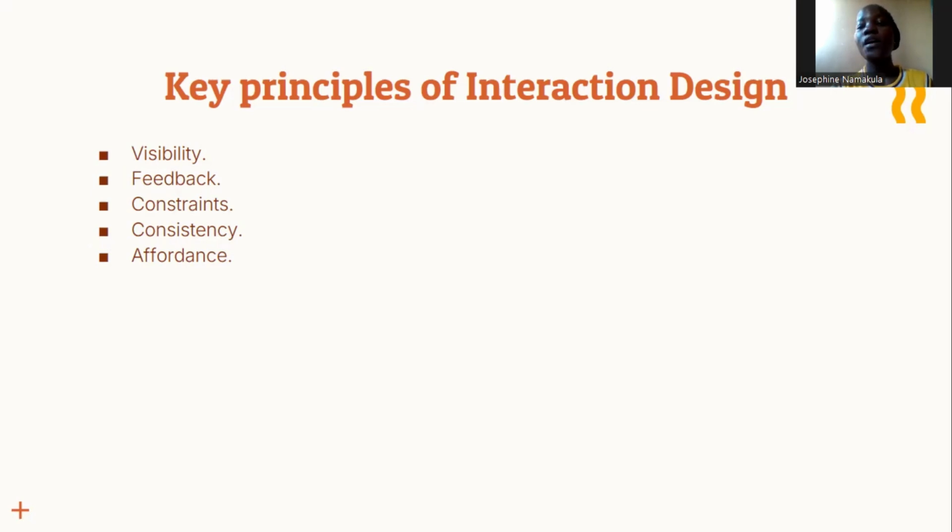For example, similar operations should be achieved using the same methods throughout the interface. There is affordance. The design should make it clear how to interact with an element. For example, buttons should look clickable, and handles should look like they can be pulled or grasped.